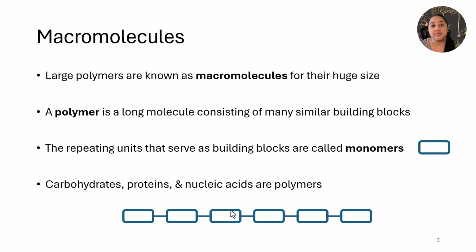There can be different kinds of polymers, but each category is made of that kind of building block. The repeating units that serve as the building blocks are called monomers. Here is an example of just a block. Carbohydrates, proteins, and nucleic acids are each a different class of polymers, but they're combined in that they're polymers made of monomers.